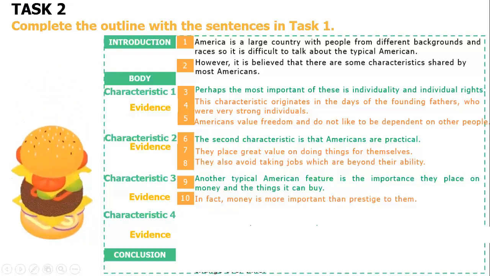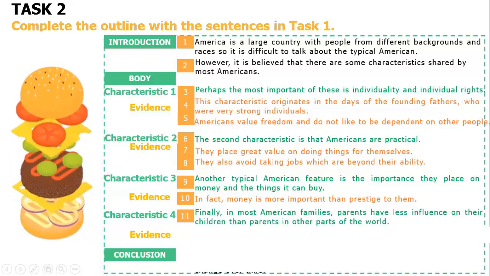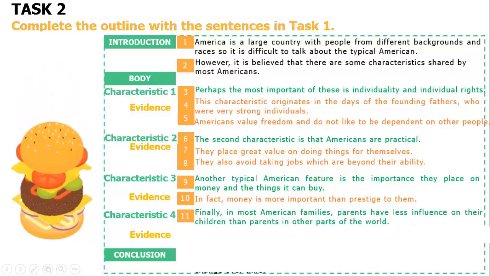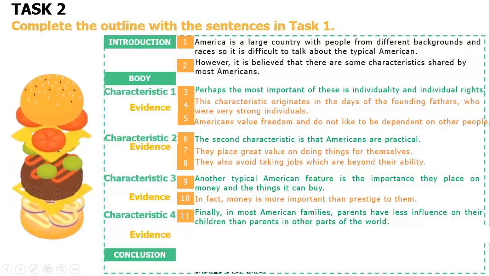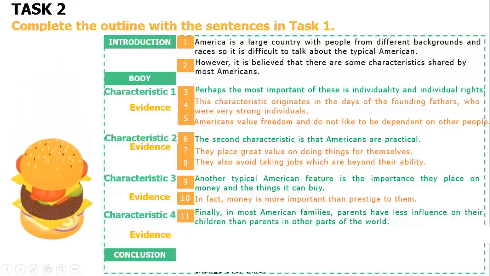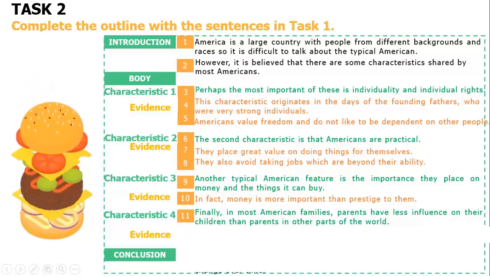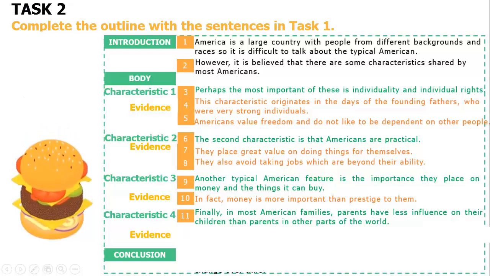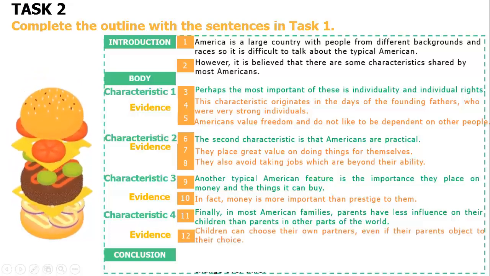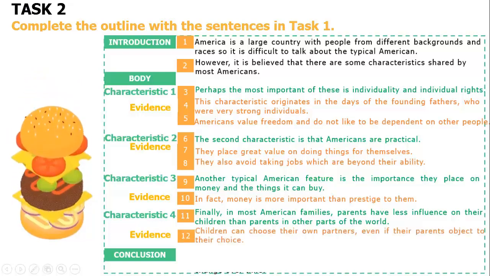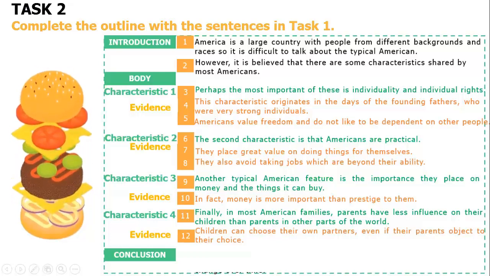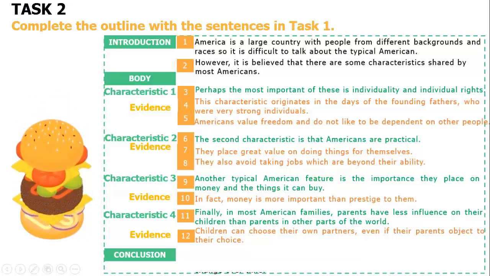And the gap of the final characteristic is sentence 11. Finally, in most Americans' family, parents have less influence on their children than parents in other parts of the world. It's easy to see that sentence 12, children can choose their own partners, even if their parents object to their choice, is the evidence for this characteristic.